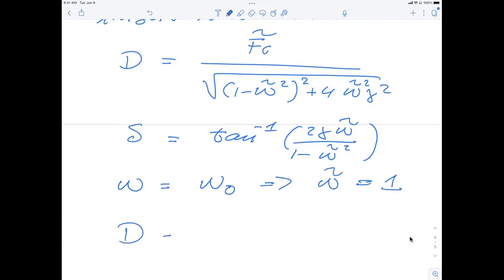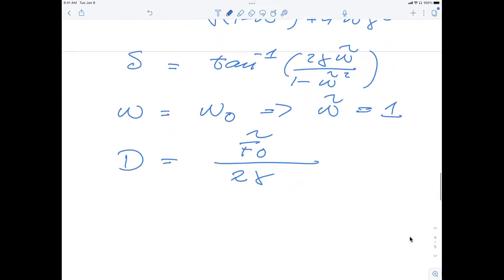Then this constant D is equal to F0 divided by the square root of 4 times gamma squared. So this becomes simply F0 over 2 times gamma. And this is actually interesting. If you remember that gamma was given by this constant B, which had to do with the friction of the system, divided by 2 times the mass, and actually contains this omega 0.